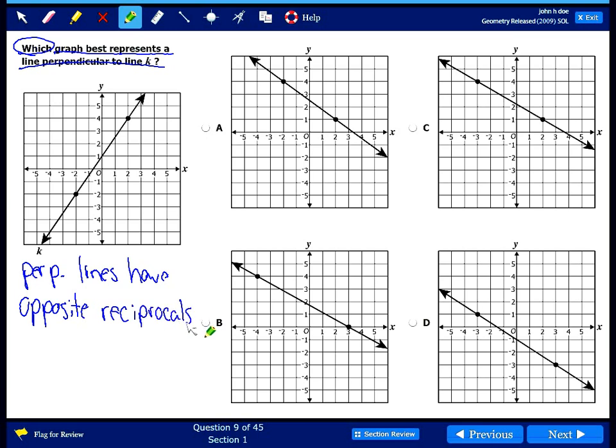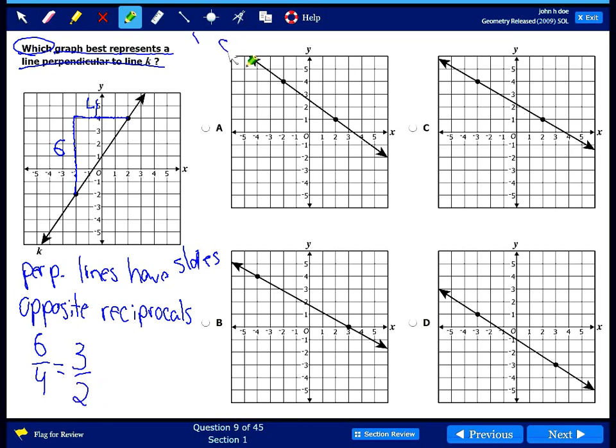The slopes. So what is the slope here? We go up 1, 2, 3, 4, 5, 6, and to the right 1, 2, 3, 4. So our slope is 6 over 4, which is equal to 3 over 2.